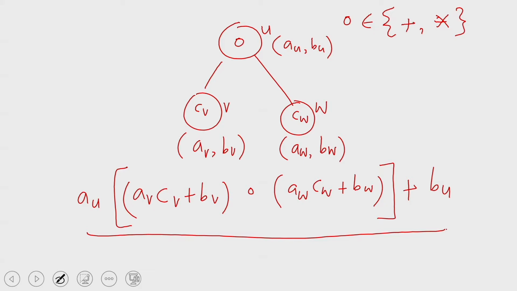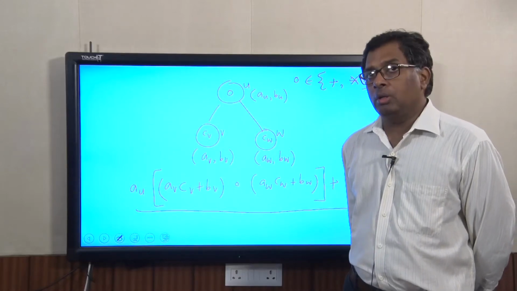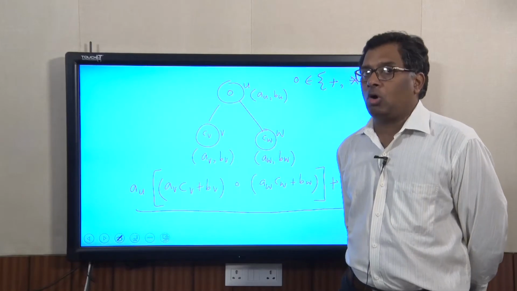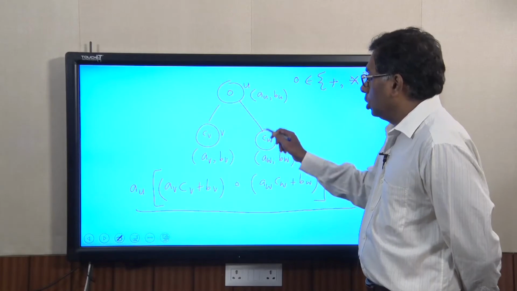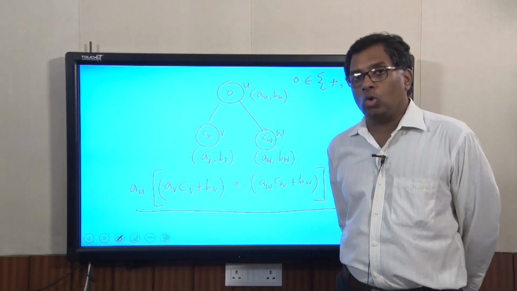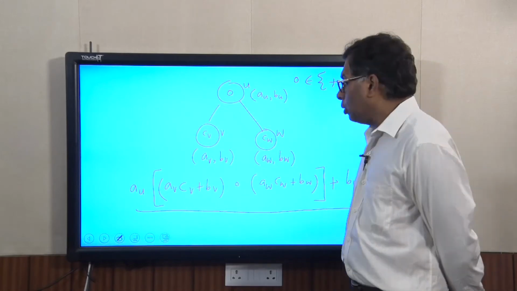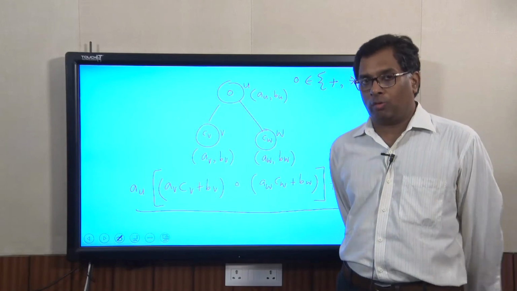So, the algorithm for expression tree evaluation now amounts to this: take the tree which is given, contract the tree through a series of rake operations, adjusting the labels all the way as we have suggested, and then finally, when the tree has reduced to a tree involving just 3 nodes with 1 root and 2 children, evaluate the tree using one single expression, which can be evaluated in order one time.